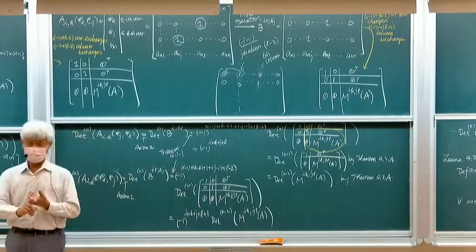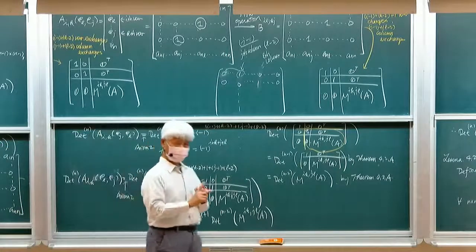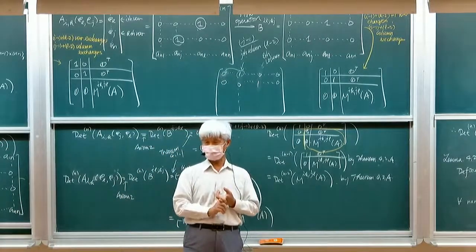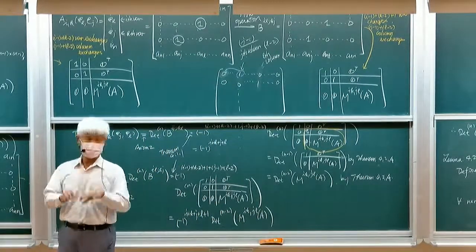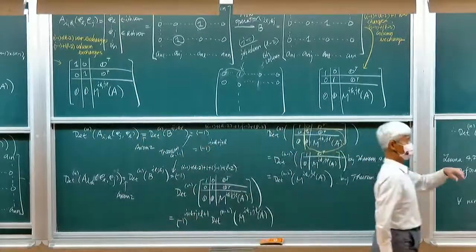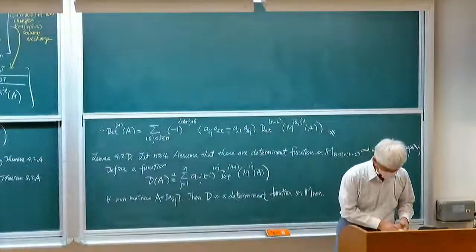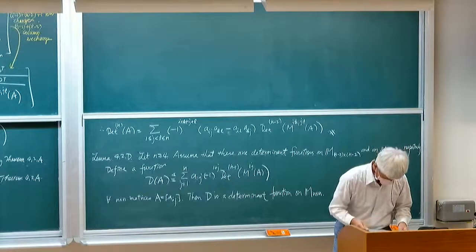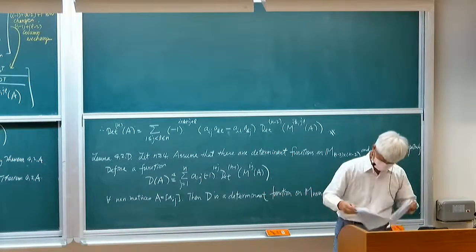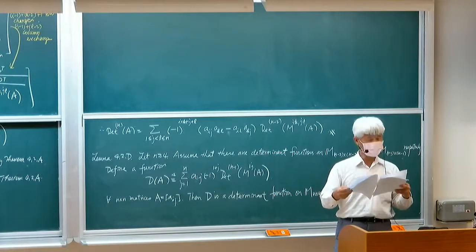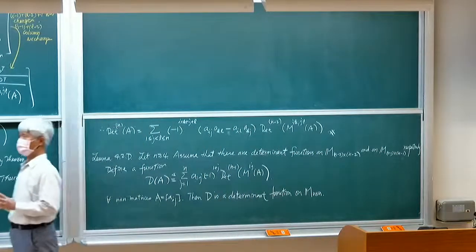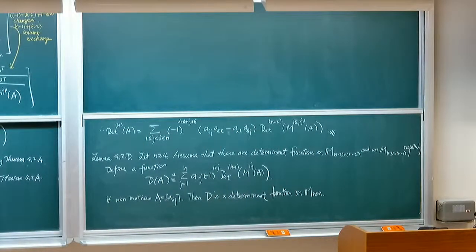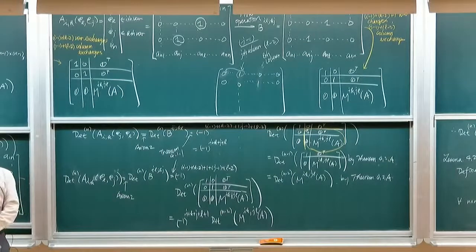Up to now, we know we have one and only one determinant function for 2 times 2 matrices. And also, I have written an example. I haven't mentioned it yet, but in my lecture notes, it's example 4.2.2. In example 4.2.2, I show that there is one and only one determinant function for 3 times 3 matrices.